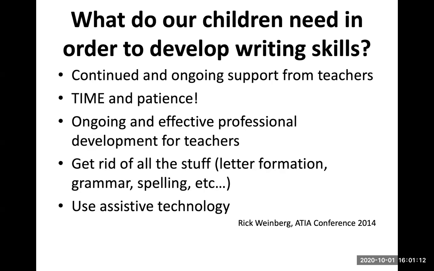We need to get rid of all that other stuff, those subskills that we talked about. And we need to get over not wanting to use assistive technology. It's not a crutch. We all use this technology more and more every day. Let's allow our kids to use it so that they can develop skills.